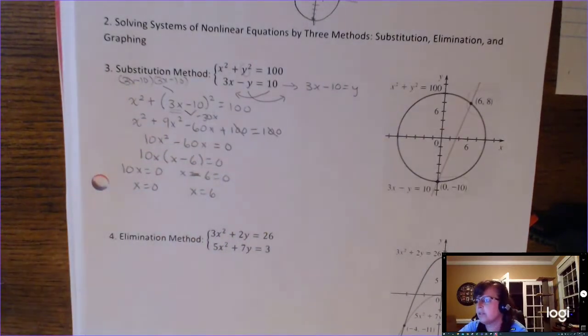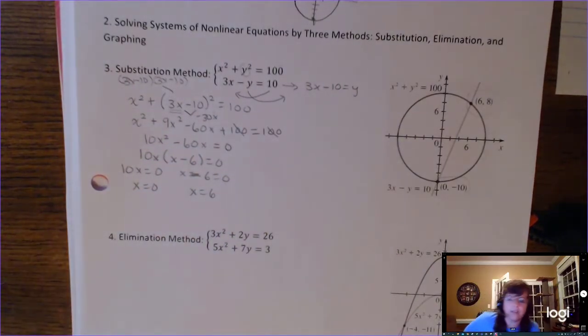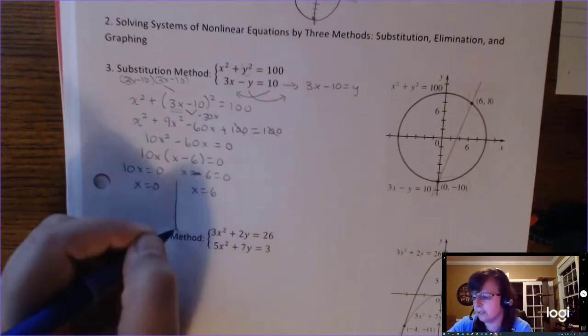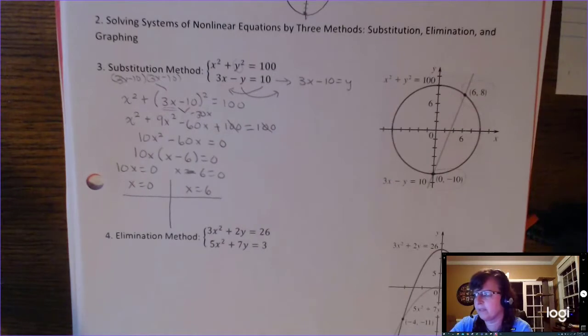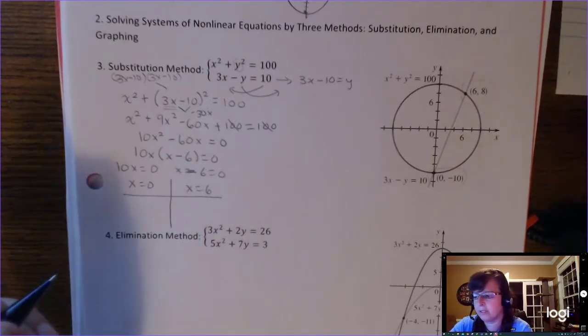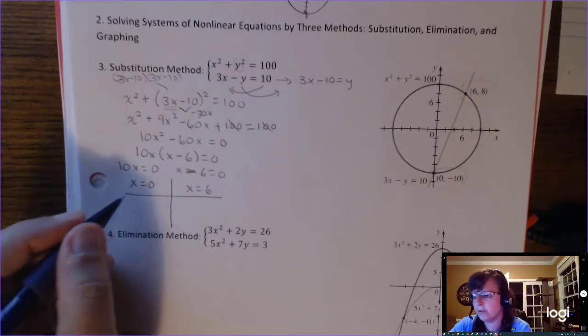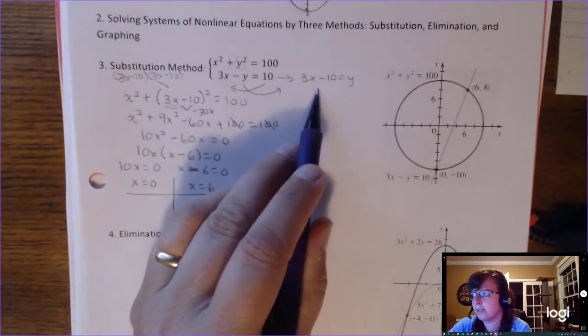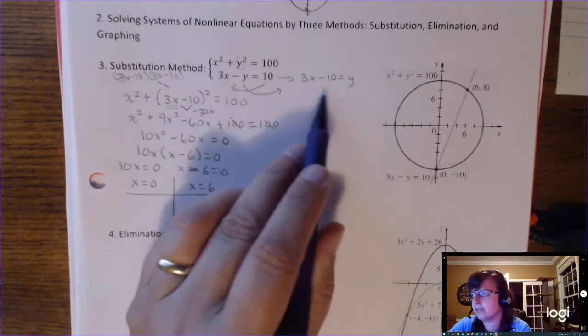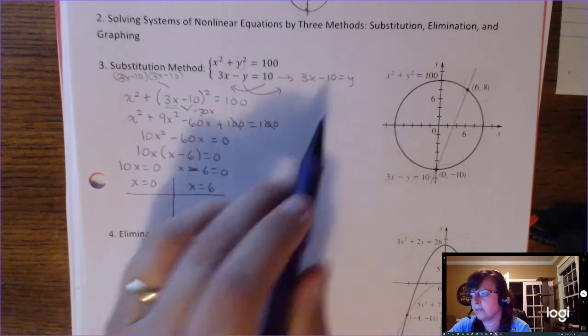So this is where it gets a little different. You have to be really organized because there are 2 x coordinates and they don't have anything to do with each other, and you need to find the y coordinate partner for each one. So with the substitution method, it's always going to be this solved-for equation over here that's going to be useful.